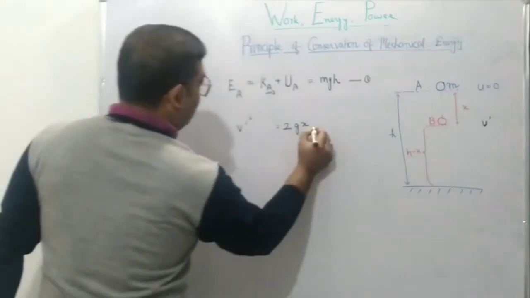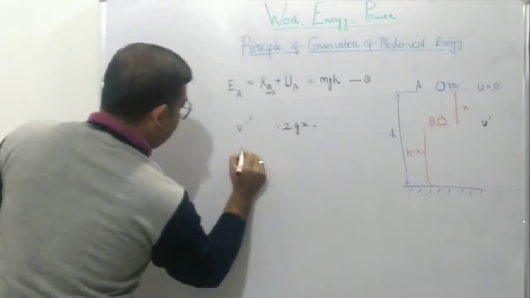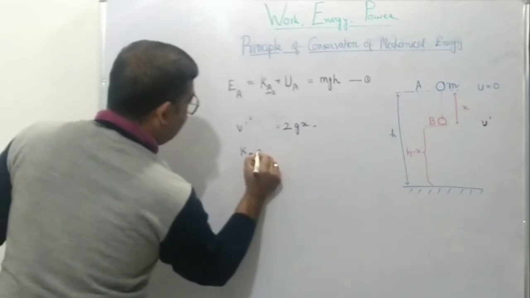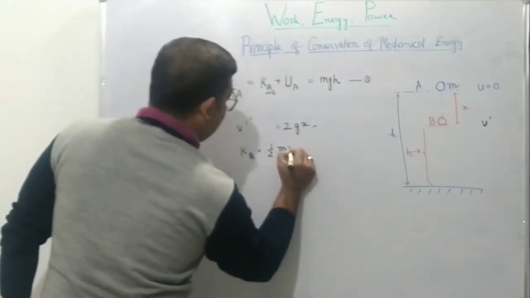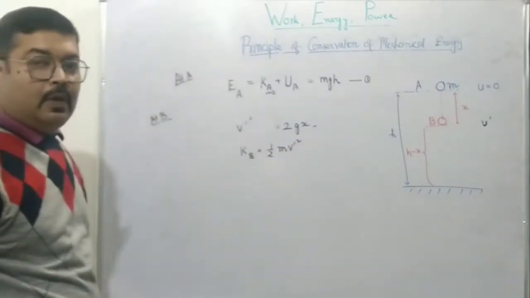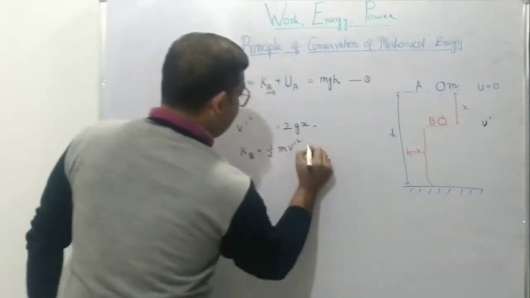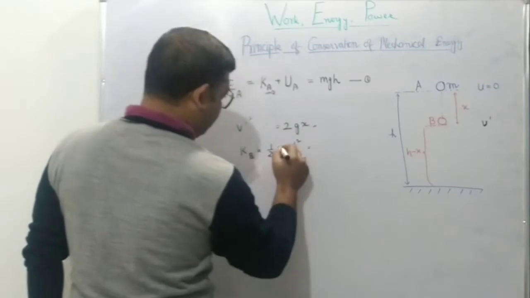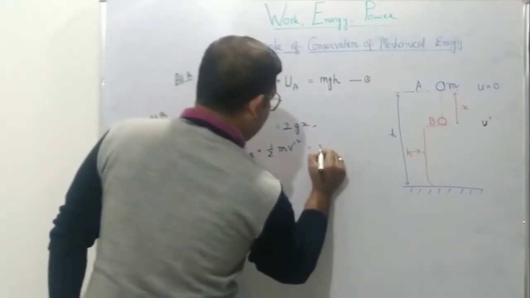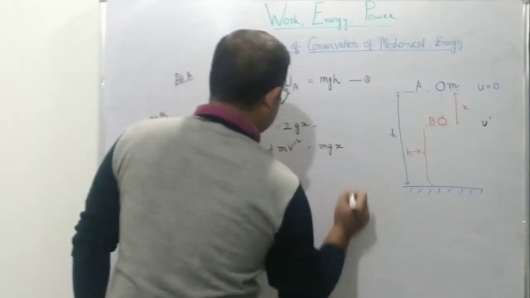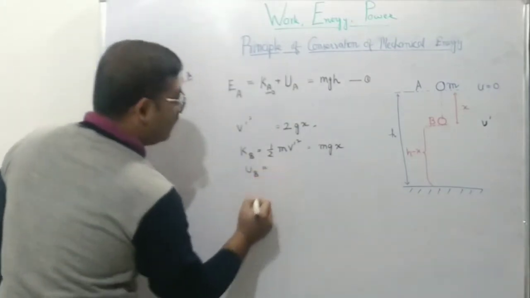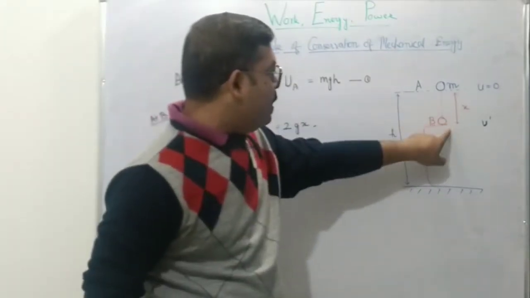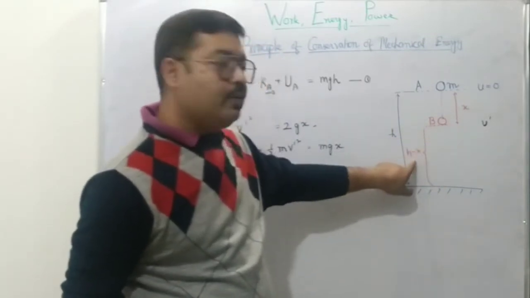So kinetic energy at B will be half m v dash squared. Substituting the value of v dash from here, we get half into m into 2gx. So we have mgx. And what is the potential energy at B? When the object reaches B, the height has now reduced to h minus x.